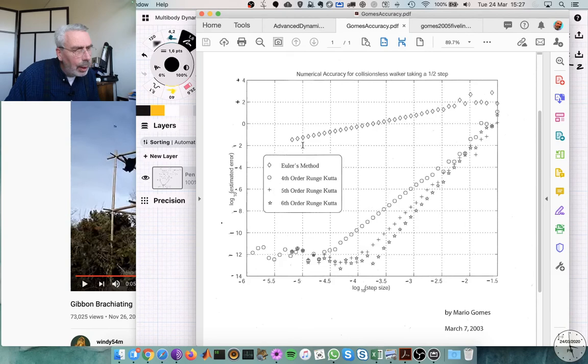So 4 steps like this and 1 step up, 4 steps, 1 step. Yeah, so the slope is 1. So it fits with the theory. Why did he stop here? Well, because it was too much work. There was not enough computer power to continue beyond this, because he had to take many steps.